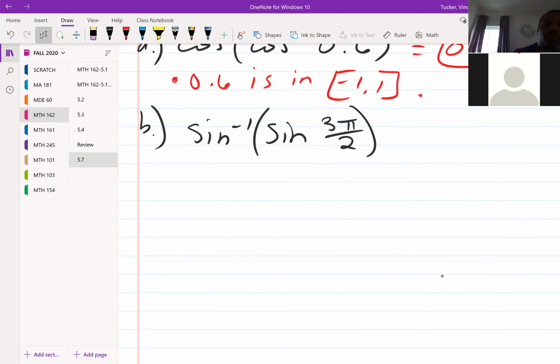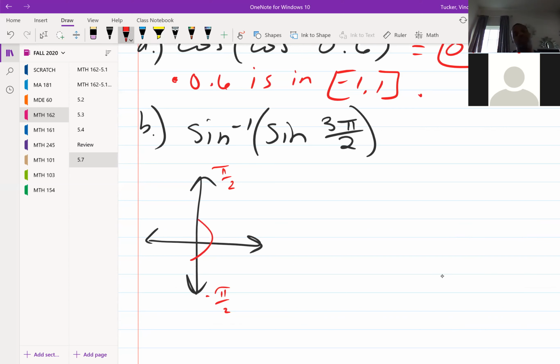It may not seem like that is the case at first, but let's examine what we have here. You know that this is pi over 2. This is negative pi over 2. Our quadrants that we're dealing with are quadrant 1 and quadrant 4.